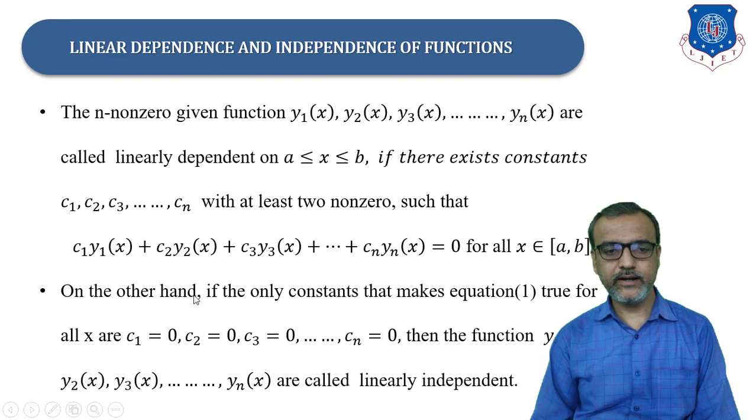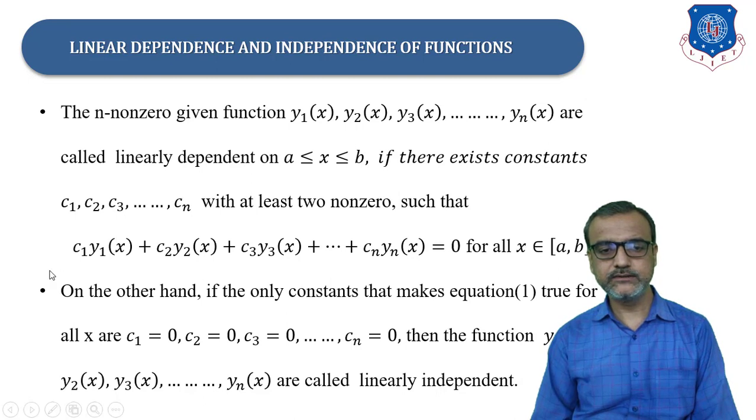On the other hand, if the only constants that make equation number 1 true for all x are c1 = 0, c2 = 0, c3 = 0 up to cn = 0, then the functions y1(x), y2(x), y3(x) up to yn(x) are called linearly independent.